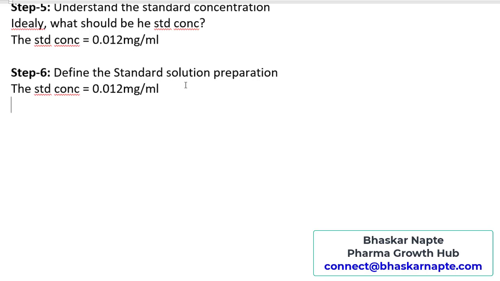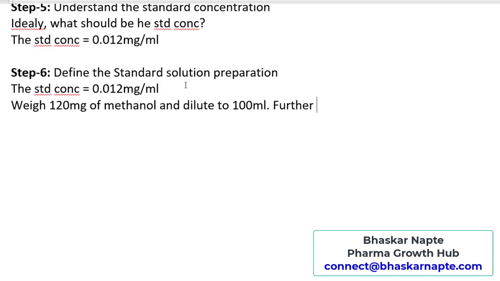So I will say weigh 120 mg of methanol and dilute to 100 ml, right? Further, dilute 1 ml of the resultant solution to 100 ml.